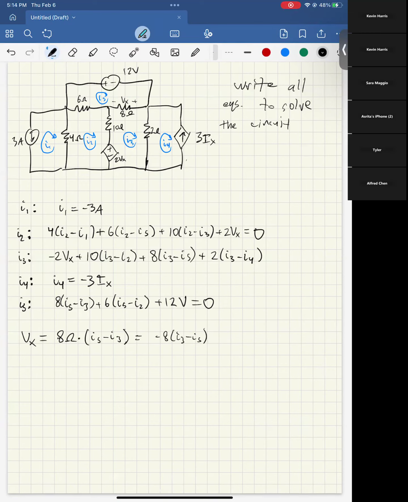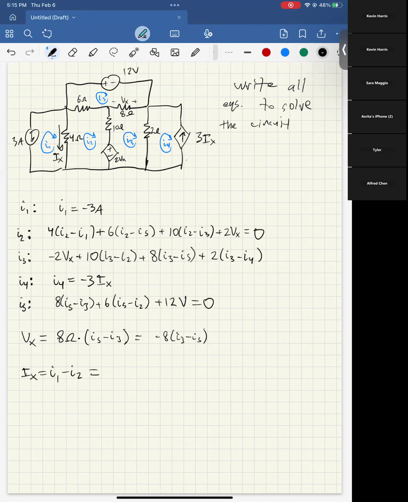And then, oh, I didn't label this earlier. Sorry. This is IX. It's over here. That's given in the question. So then what is IX? IX would be I1 minus I2 because I1 is going down, I2 is going up, and IX is going down.